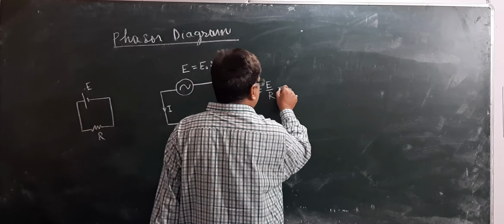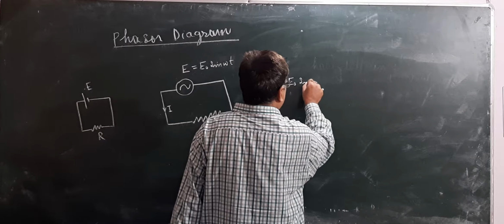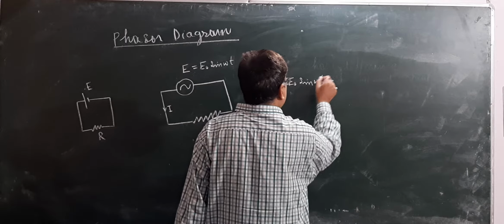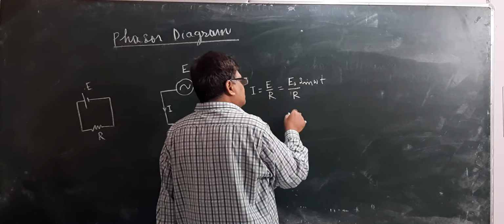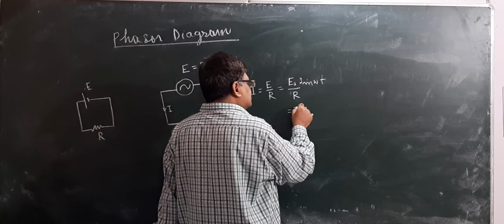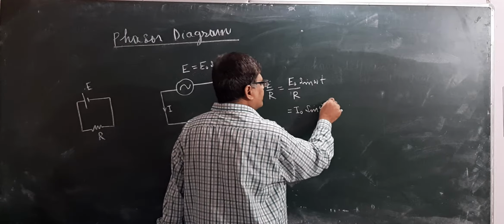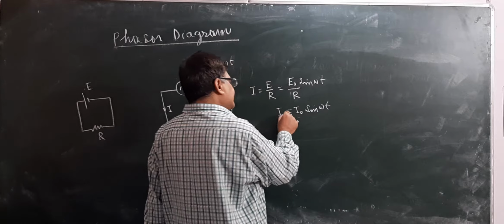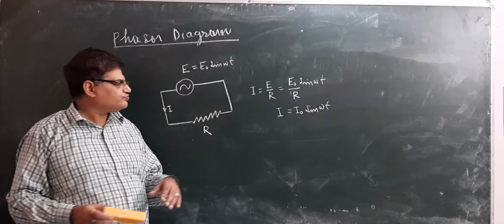So substituting the value of E, you get E naught sine omega t divided by R. So E naught by R can be represented as I naught sine omega t. So the instantaneous current can be written as I naught sine omega t.